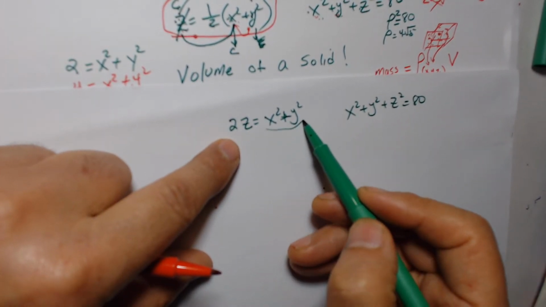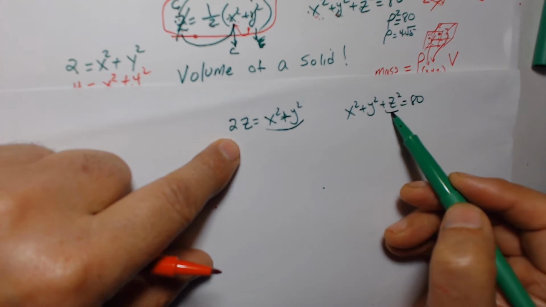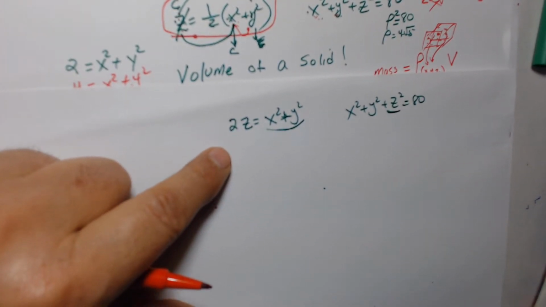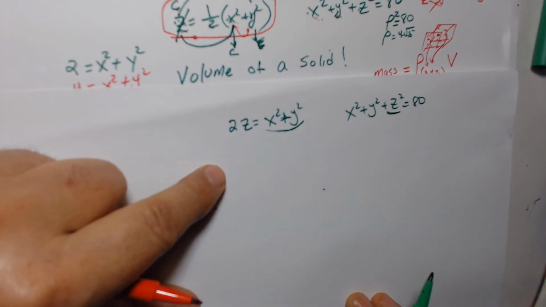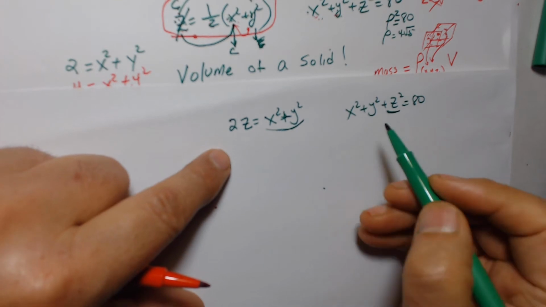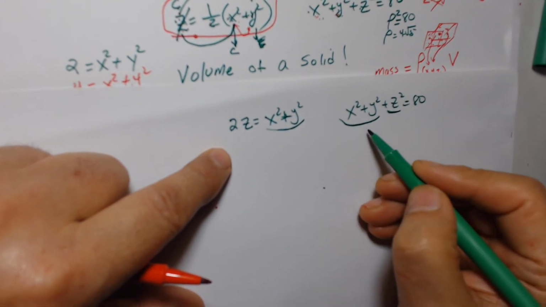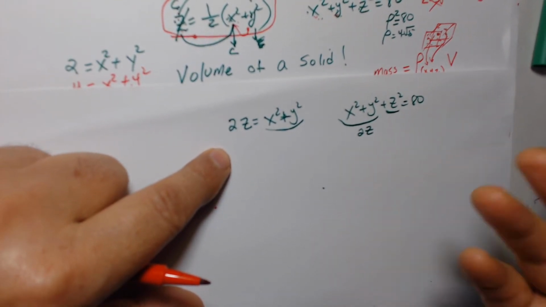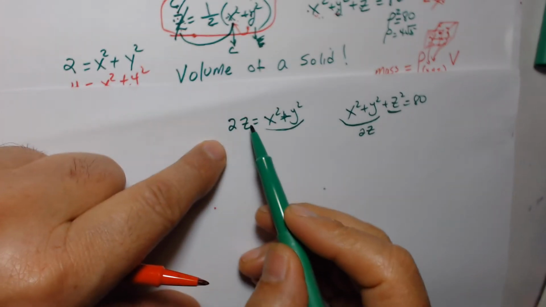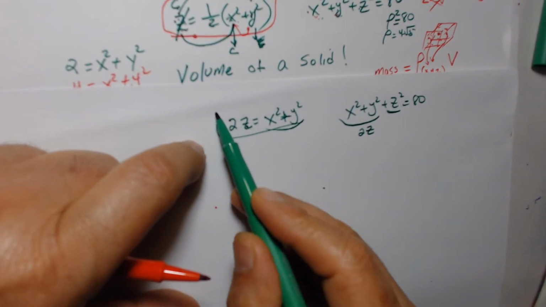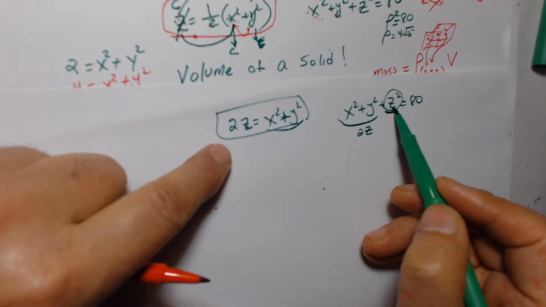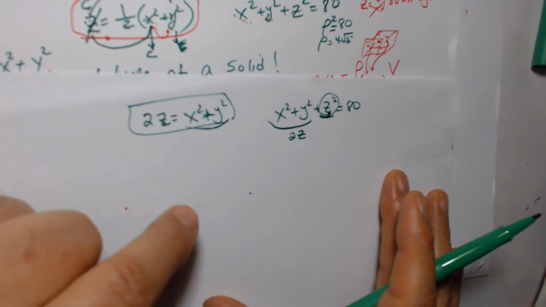I either have to bring the x squared plus y squared and plug it in here and solve for my region, because that time my z is going to be eliminated, or maybe I'll find an easier way. Maybe I'll go back and replace the x squared plus y squared by 2z. That's good. Then I'm going to find my z. If I find my z, then I got my region. And both regions have to be exactly the same.